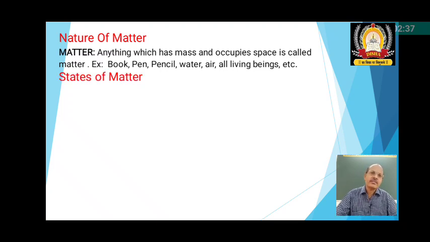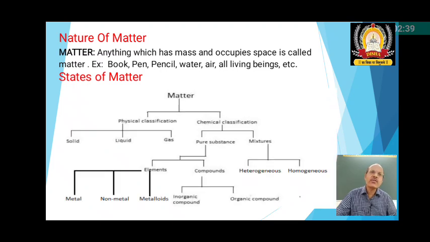Then, states of matter. When we look at matter, classification plays a very important role. The classification of matter is broadly divided into physical classification and chemical classification. Physical classification means purely the external appearance of the matter.